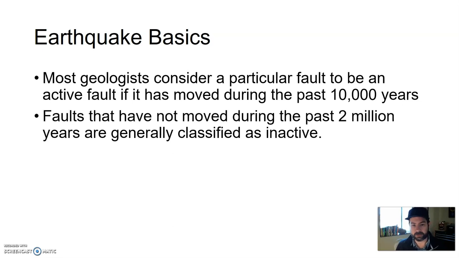The reverse of that, faults that have not moved in 2 million or more years, are generally classified as inactive. The chances of them ever moving and causing an earthquake again are almost zero. In between 10,000 and 2 million years, faults are considered dormant, kind of sleeping. They could come back, but it's about a 50-50 shot.